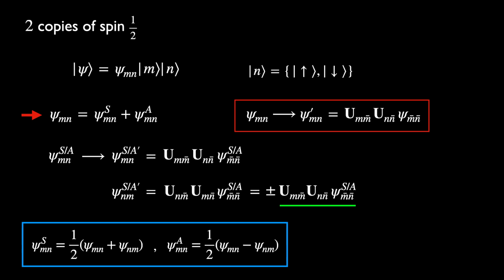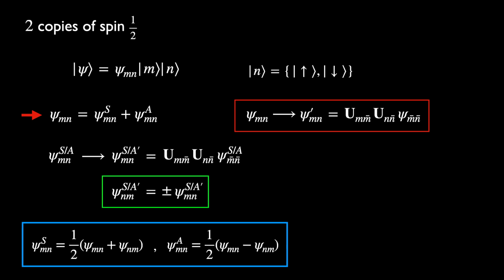Notice that this expression is just the original psi prime before the switching of indices. Thus, we have shown that the symmetry or anti-symmetry of psi is preserved by identical rotations on each of its individual indices. This is an important result.